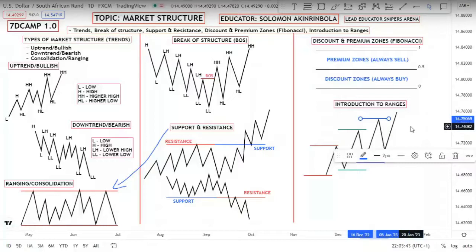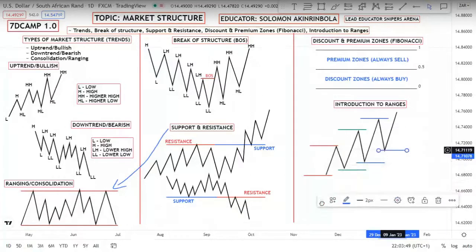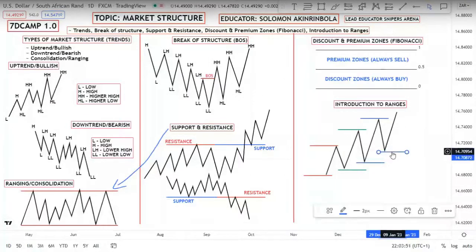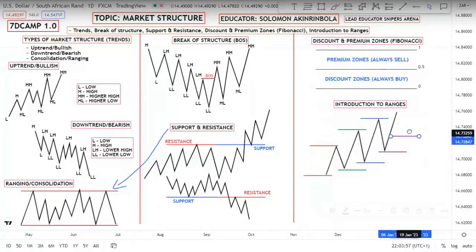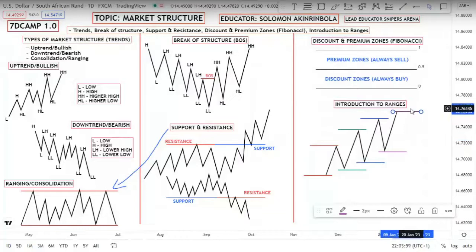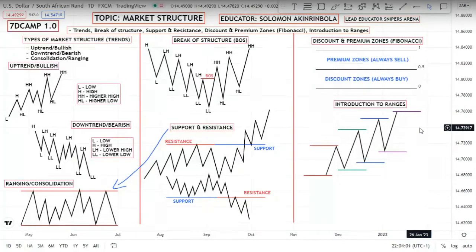And finally, this is a range. These are different ranges. This is a range within this range.